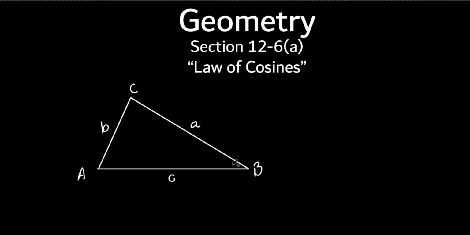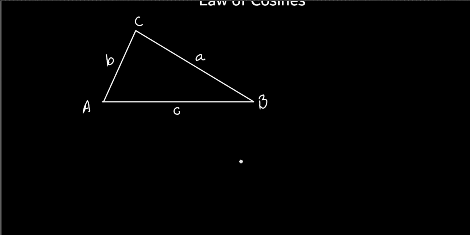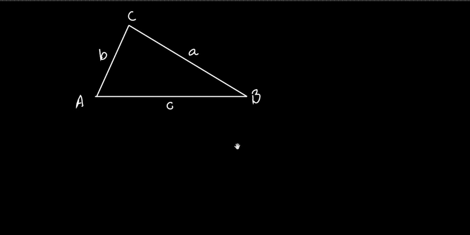Now they do a proof, or they show you where the law of cosines comes from. We just don't have enough time left in the year, even in this class period, to do that. It's kind of interesting to see where this comes from, but I'm just going to show you what they concluded. A lot of math books set it up three ways.